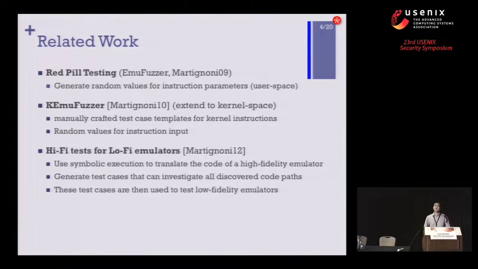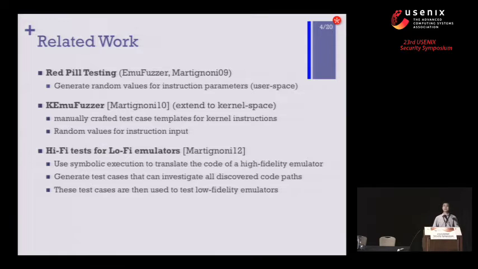Our work is mainly built on 3 related works. All of them come from the same first author. The first one is red pill testing. In this related work, the author generates random values for instruction parameters in user space. In their improved work, they manually crafted test case templates for kernel instructions, but it still uses random tests for instruction input.